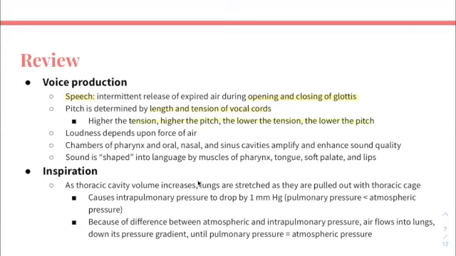Lower tension, lower pitch. Your loudness: how much air are you trying to force out? Your mouth, your nose, your sinuses can change that sound quality. The actual words that come out are formed by the pharynx, the tongue, the soft palate, and your lips.